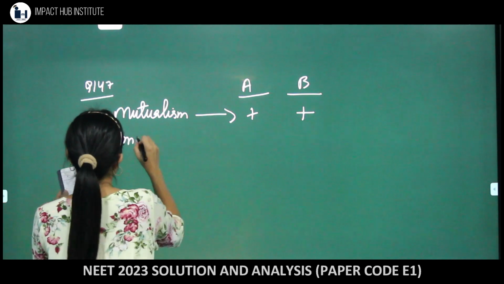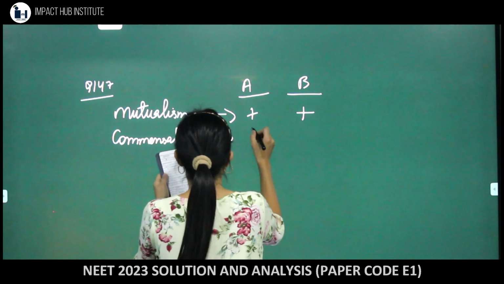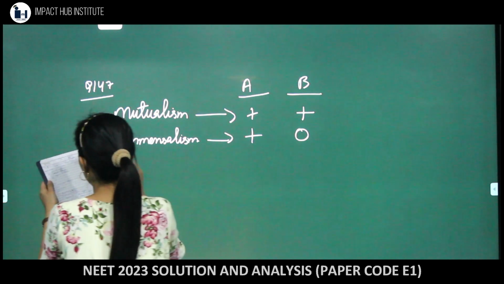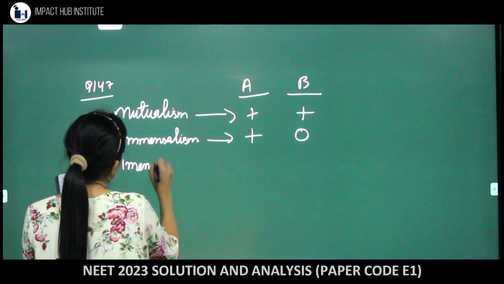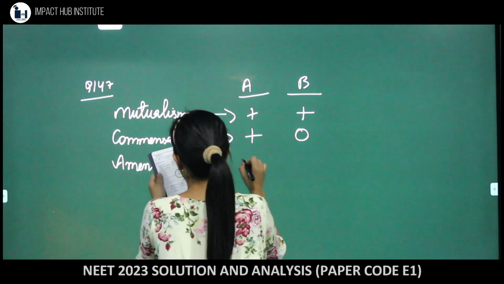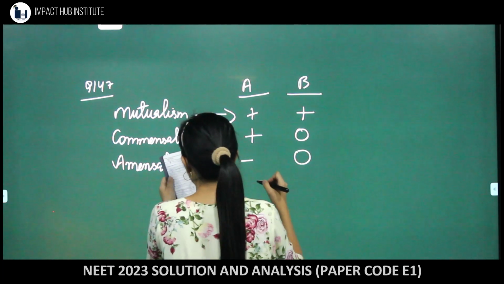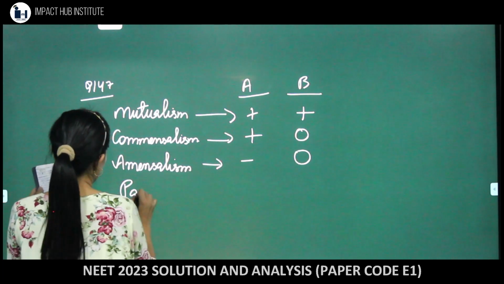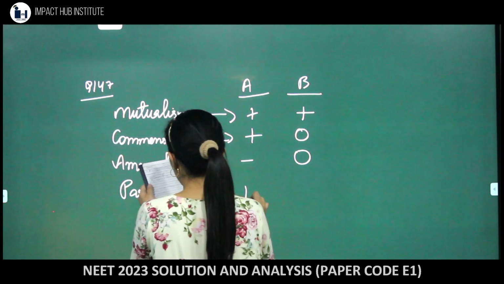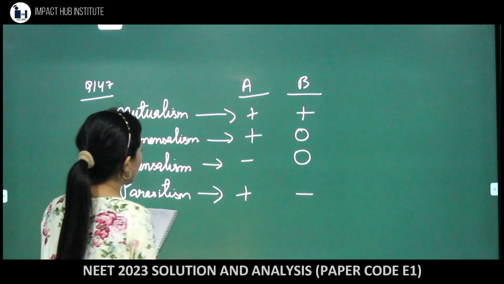Then for commensalism, species A is benefited while there is no effect on species B. For amensalism, it has negative effect on species A and no effect on species B. For parasitism, beneficial for species A, but it is harmful for species B.